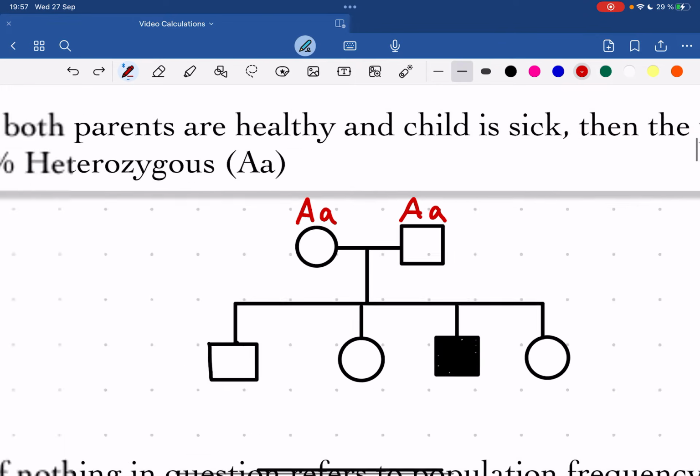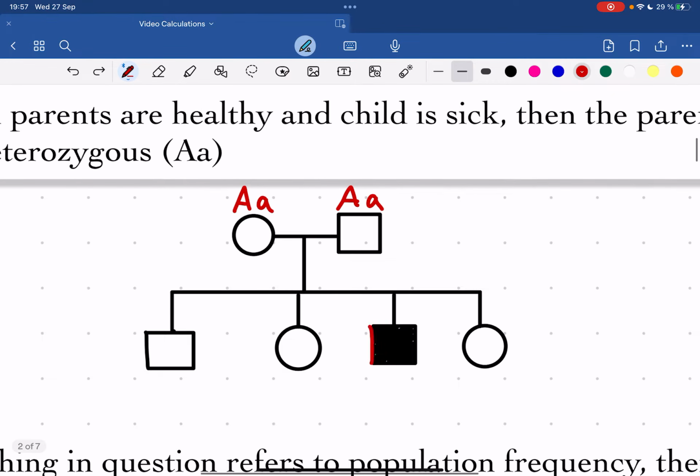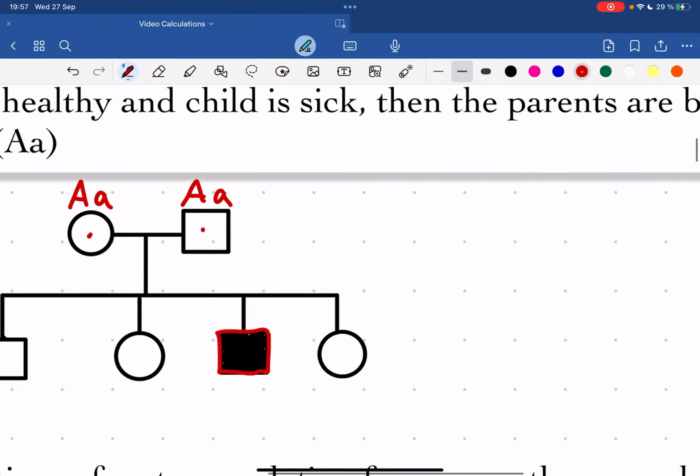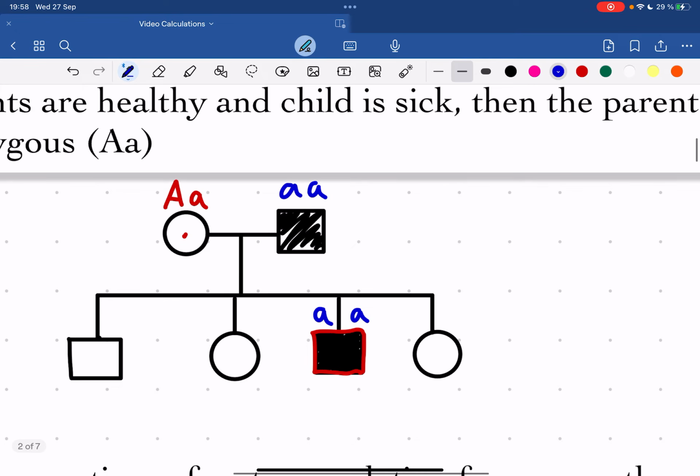So if you see a child that's sick and the parents are healthy, then both parents are absolutely heterozygous. The same thing if one parent is sick. Let's say this parent is sick and this child is sick. You might assume, okay, then we don't know for sure if she is heterozygous.